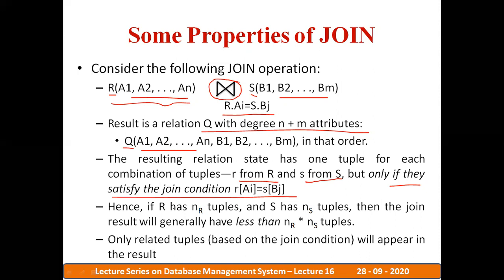Hence, if R has NR tuples and S has NS tuples, then the join result will generally have less than or equal to NR times NS tuples.